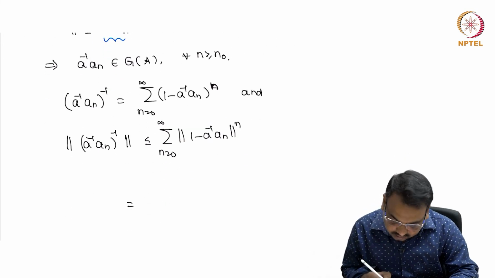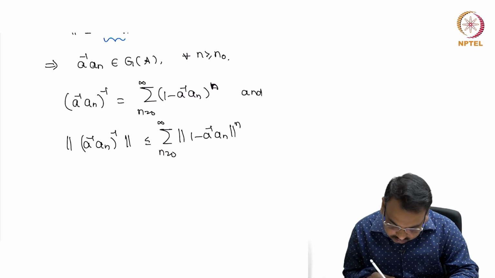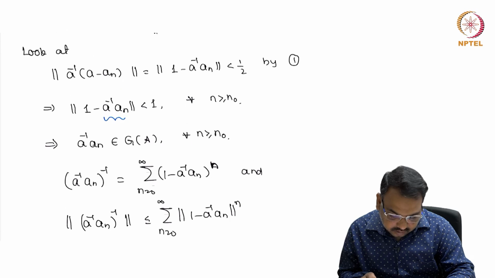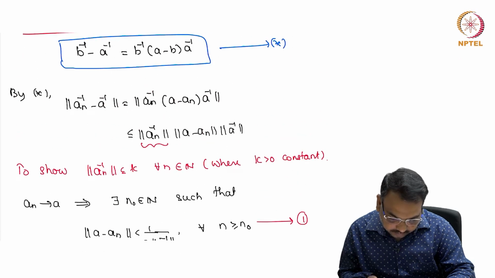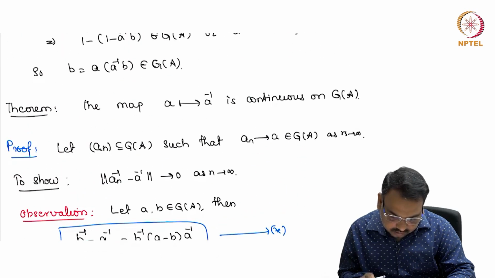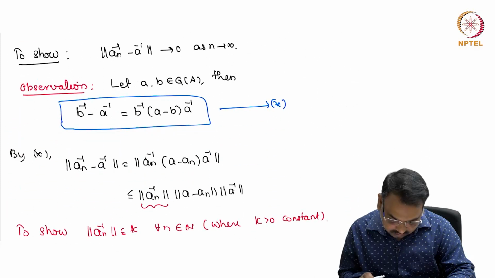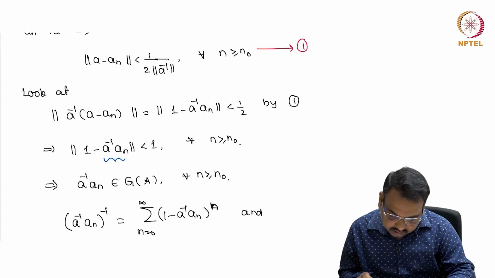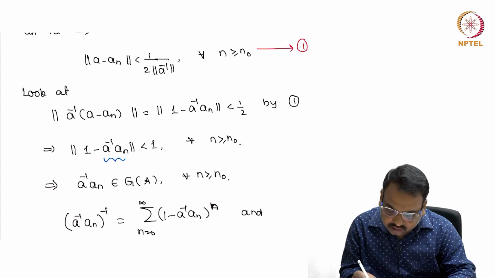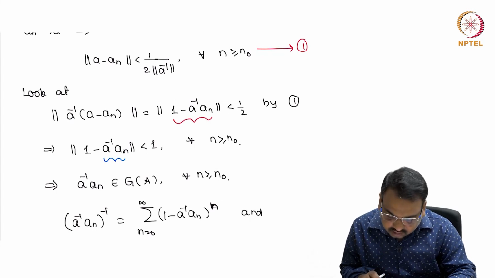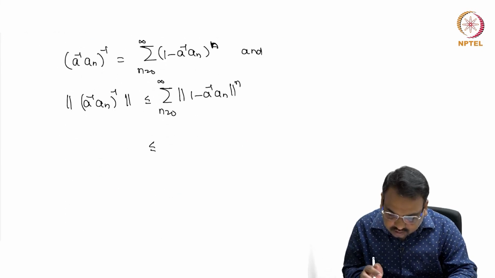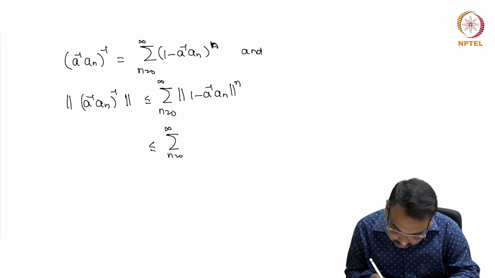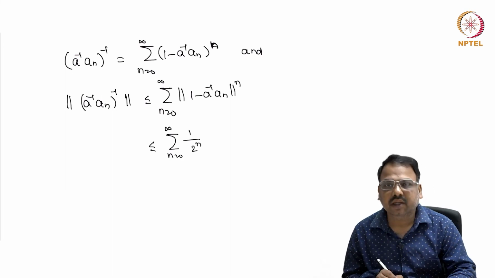So here we can say that this is less than or equal to, we know that if you look at this term, it is less than 1 by 2, so this whole thing is less than or equal to 1 by 2 power n.